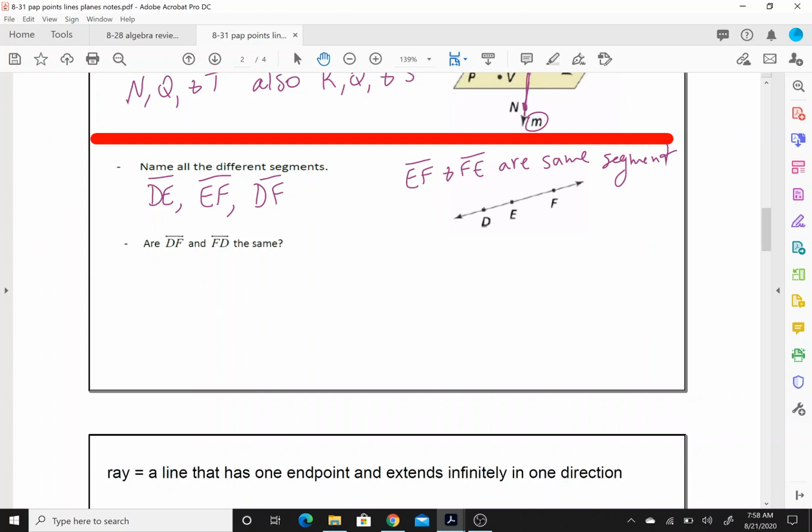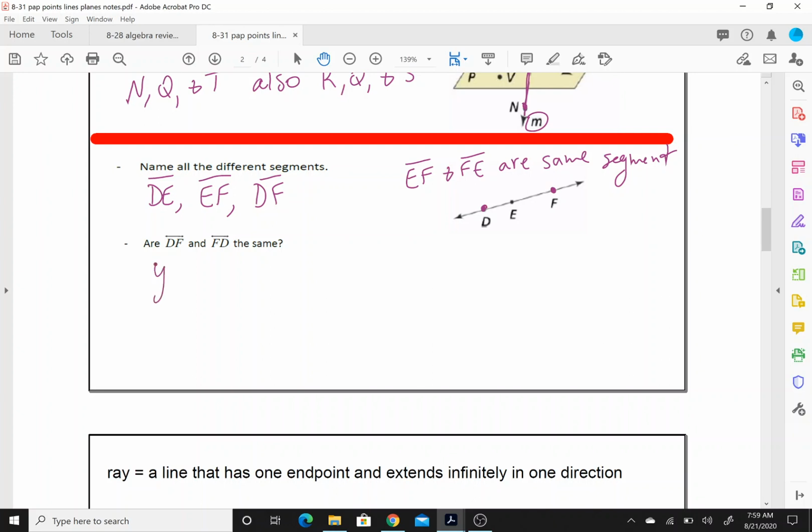Okay, now it says, are segment DF and FD the same? You can tell if a segment is the same if it goes between the same 2 points. It doesn't matter the direction for segments. So do segment DF and FD go through the same points? Yes.